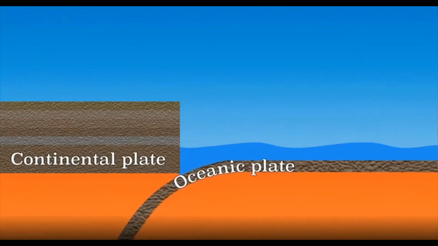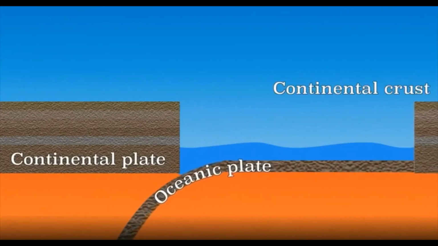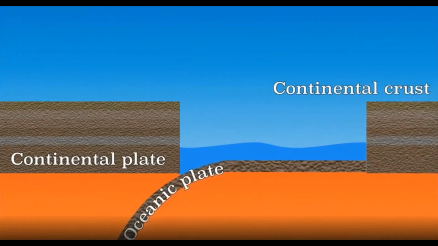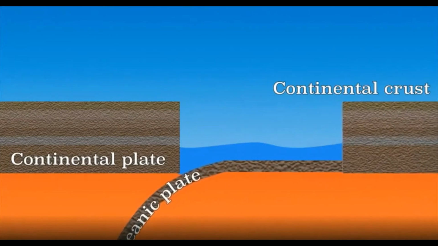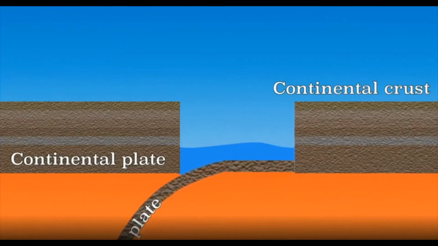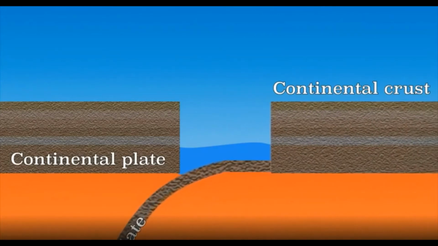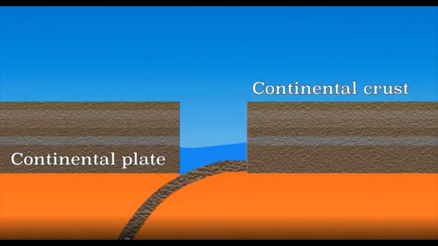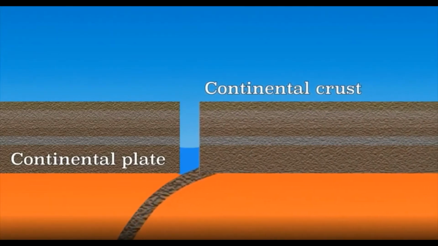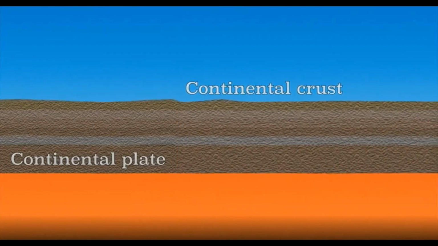It may happen that there is a continental plate as well as an oceanic crust on the plate. Due to the removal of the oceanic plate, as you can see in the video, the continental crust will collide on the continental plate. This happens because the plates are floating on the asthenosphere.